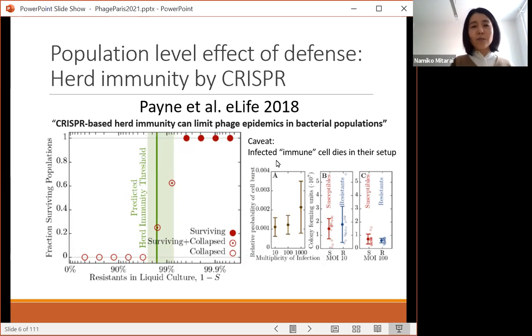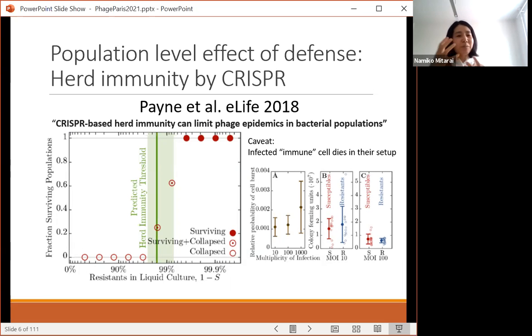Though there was a bit of a caveat for this particular system. They artificially constructed this herd immunity with the CRISPR system, so that in this particular setup, the infected immune cells actually stop growth and die.